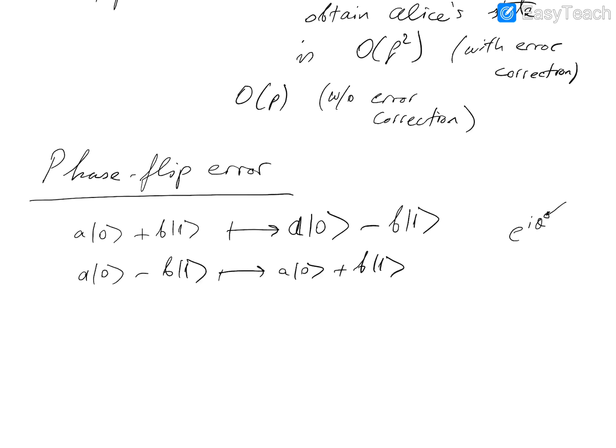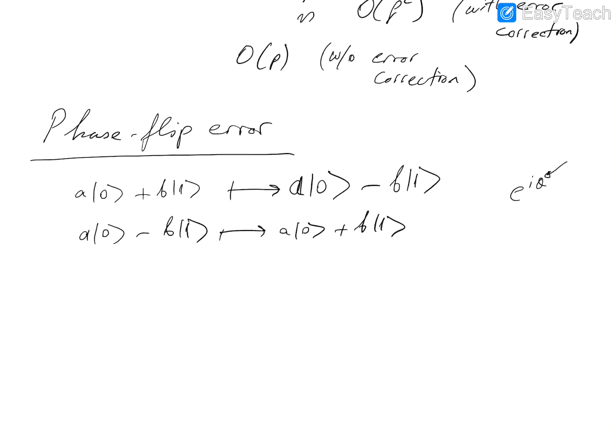Okay, so to overcome the phase flip error, again we can use the bit flip channel. In fact, we can use the bit flip model to correct the phase flip error. And one way to do this is to transform the phase flip channel into a bit flip channel, and we do this by changing the basis. Okay, so suppose that we work in the sign basis.